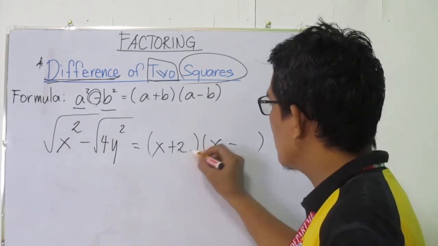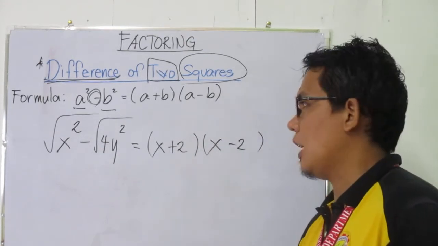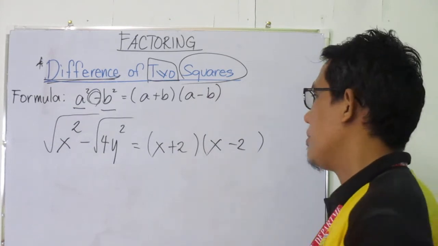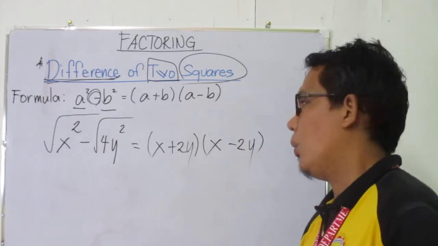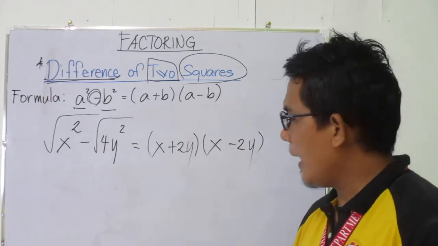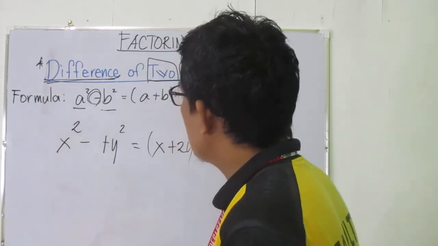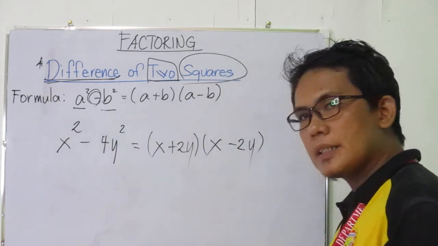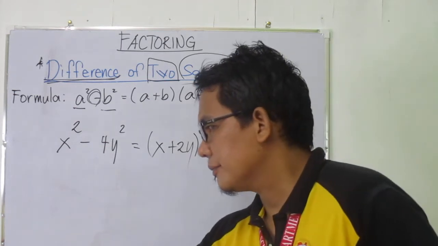And our y squared is the same as what we did in x squared. Just expand y squared, and that becomes y times y. Thus, the factor of x squared minus 4y squared is equal to x plus 2y times x minus 2y.